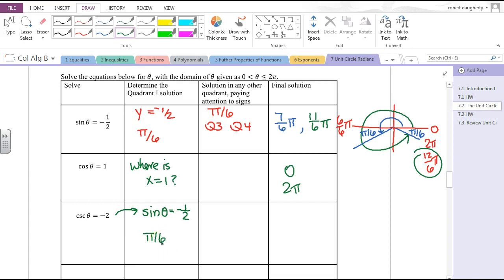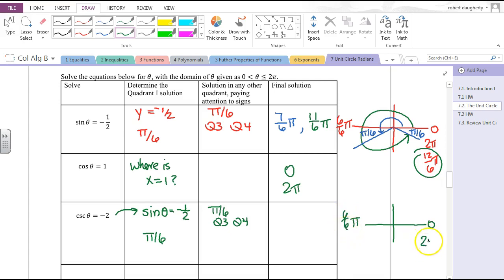Okay, since it's negative, I need to figure out what does the angle pi over 6 look like in quadrant 3 and quadrant 4. So again, draw this off. 0. Pi. Since my denominator says pi over 6, let's call this 6 over 6 pi.